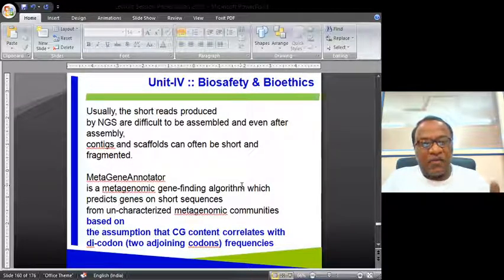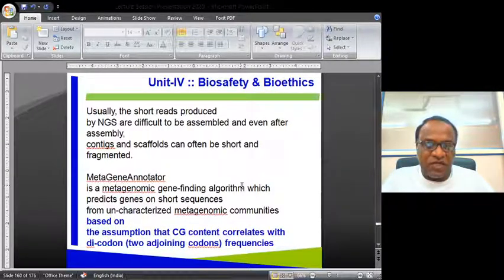We are discussing prediction of genes, that is identification of potential genes, and the widely used algorithm is the MetaGene Annotator, which is a gene finding algorithm. What is the basis for this MetaGene Annotator? It predicts genes on short sequences from uncharacterized metagenomic sequences or communities.